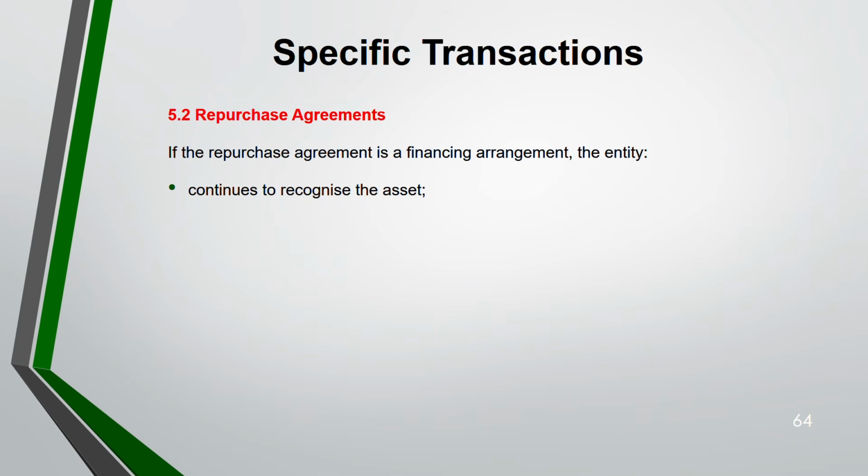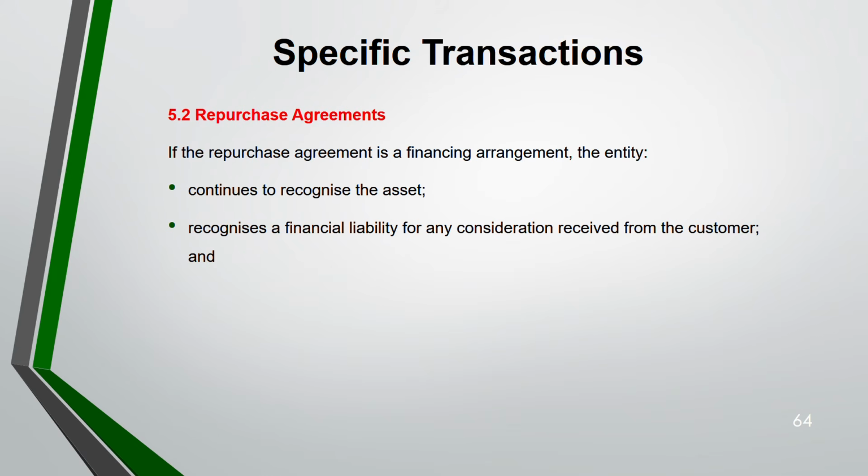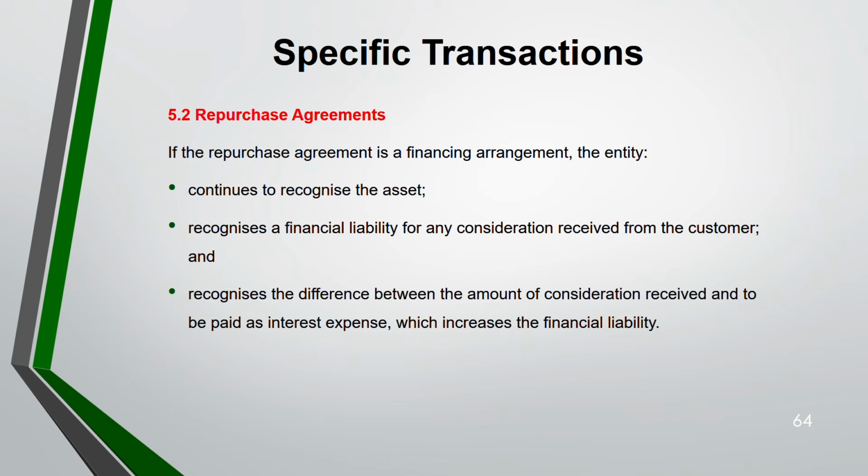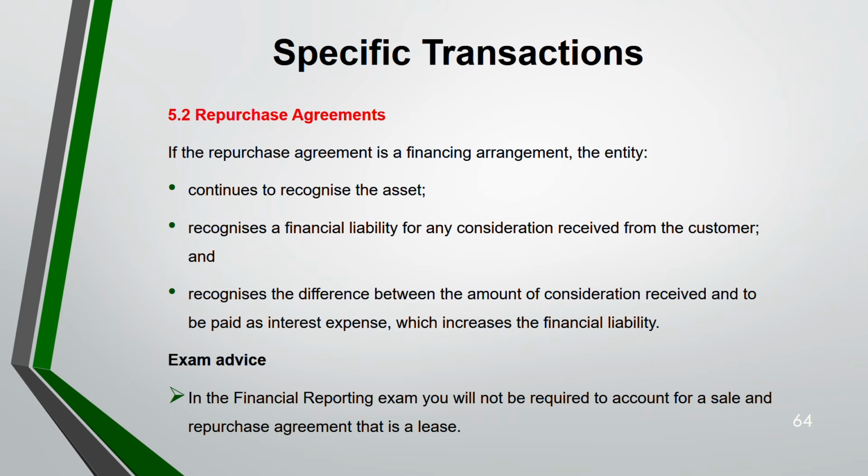So in this case, you will recognize the asset, you will recognize a financial liability for any consideration received from the customer, and recognize the difference between the amount of consideration received and to be paid as an interest expense, which increases your financial liability. Okay, with financial liability comes interest expense. Now, in your financial reporting, you will not be required to account for a sale and repurchase agreement that is a lease. Thank God. So you only have to work on this part, the financing arrangement part.